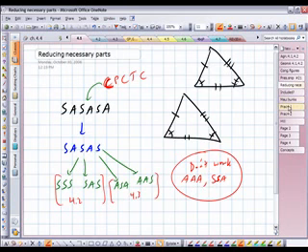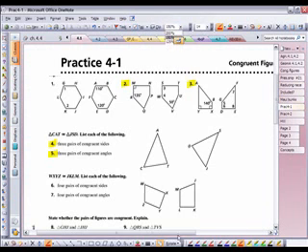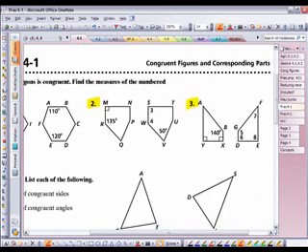Here are a few more examples of using congruency to get information. In this problem number 2, we want to get angle 3. These angles match up, so this must be a right angle, 90 degrees. This is 135, so therefore this is 135.